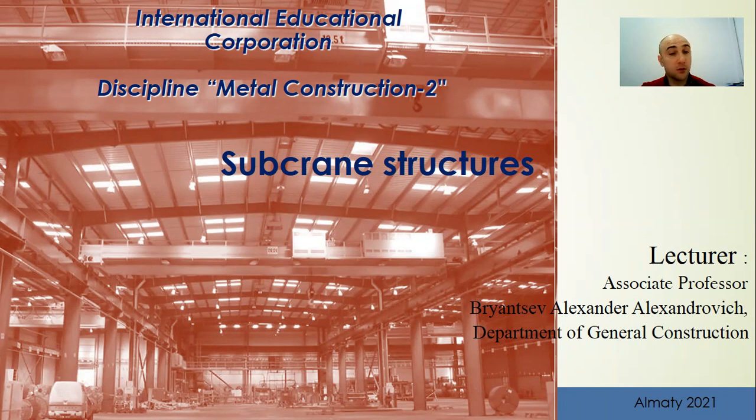Reinforced concrete crane girders are recommended for use on bridge cranes with a lifting capacity up to 30 tons, of medium or light duty, with a column step, so column pitch, of 6 to 12 meters. Reinforced concrete crane girders have T and I sections.